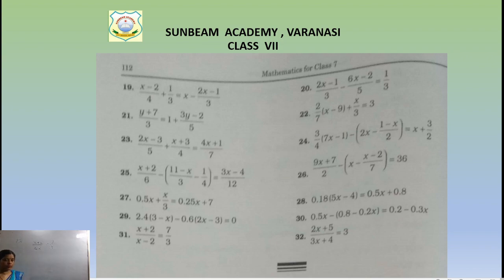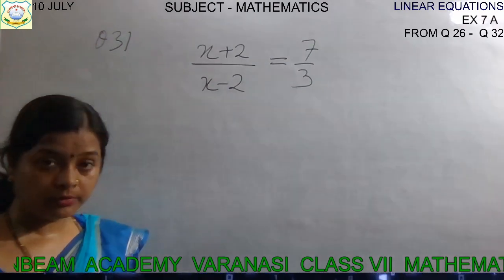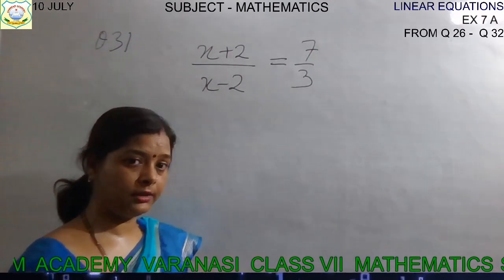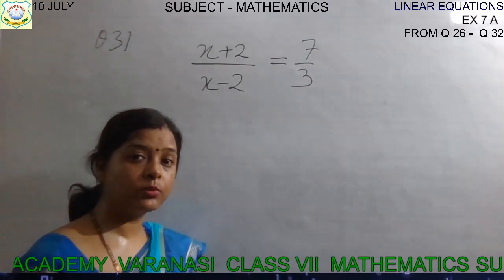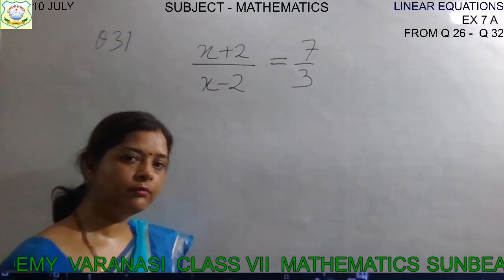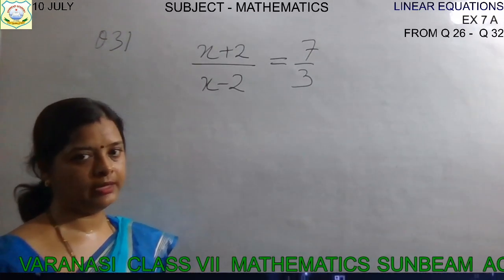Let me show you the board first. How can we solve such type of question? We can transpose the denominator to the other side, and then we will have no denominator left. After that we will simplify it.